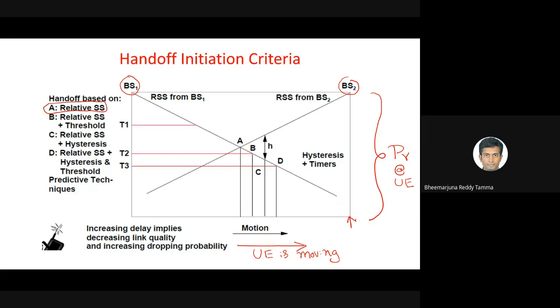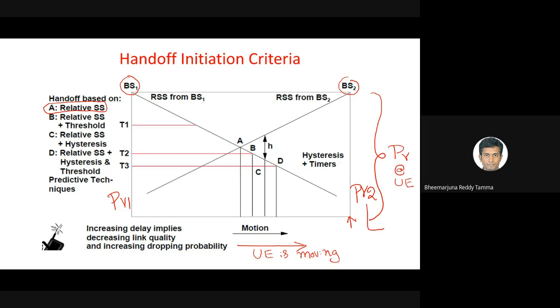So a threshold is nothing but you not only want to see that the relative signal strengths differ, we also want to make sure that the current signal strength, for example, if I call it PR1, and if I call PR2, so PR2 means the power received from base station 2, and PR1 is the power received from base station 1.